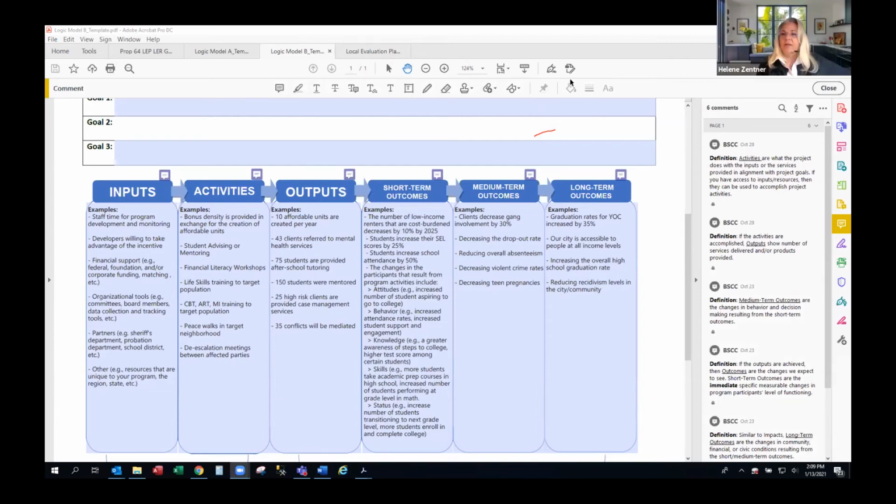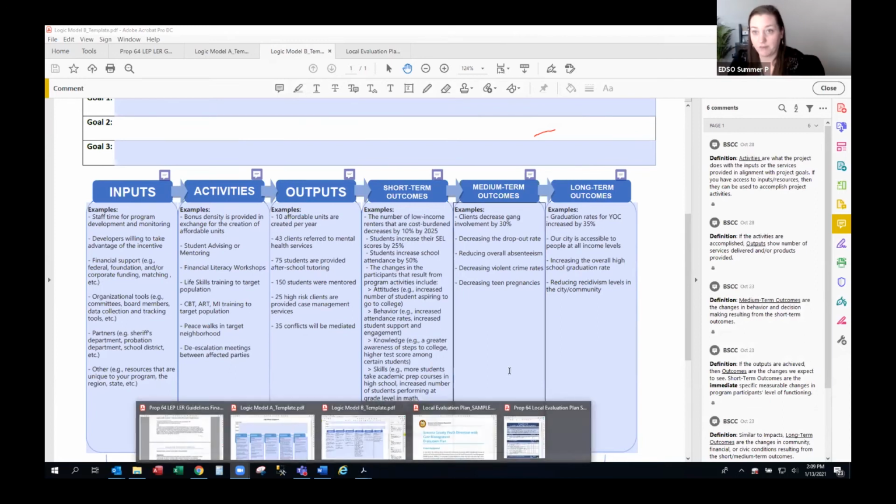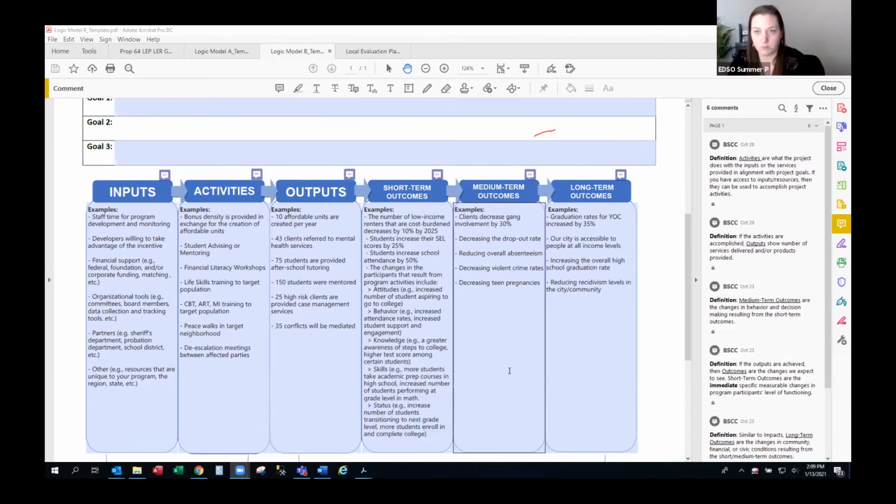Summer, please. So if we have, let's say, the youth development side of our grant and the enforcement side of our grant, would we do two separate logic models for that? If it would make it more clear, I would probably advise that. That's what we found when we created the statewide one.